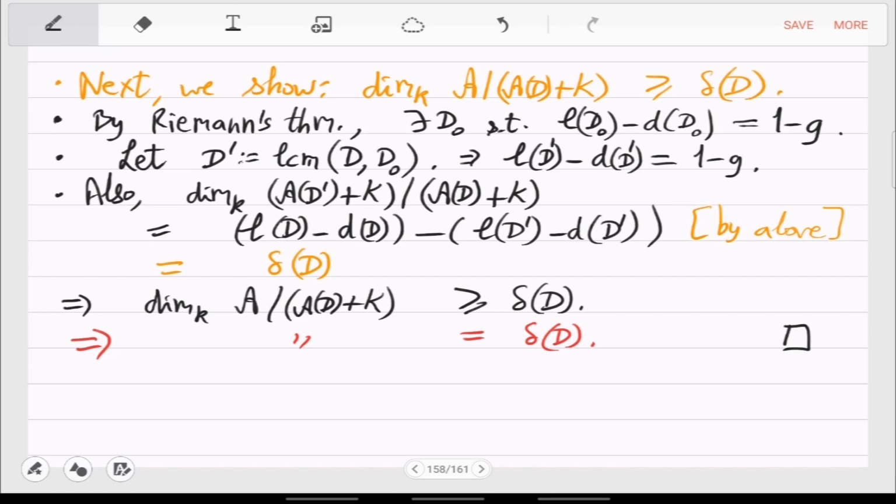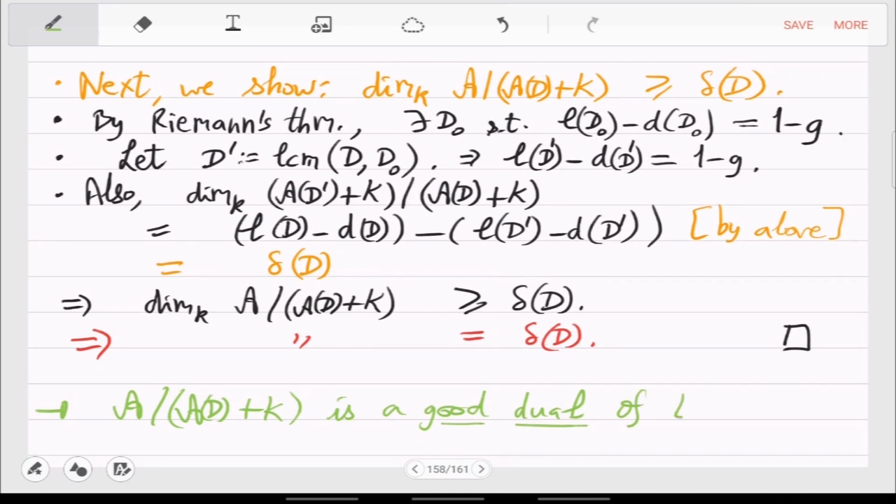Okay, so this A mod AD plus K is a good dual of LD, because it tells you about the remaining part, which was the degree of speciality of the divisor.